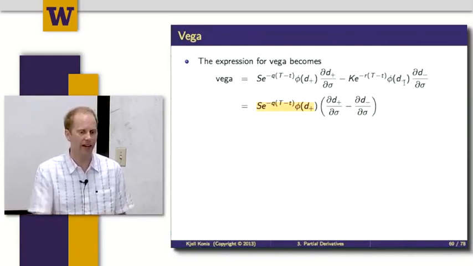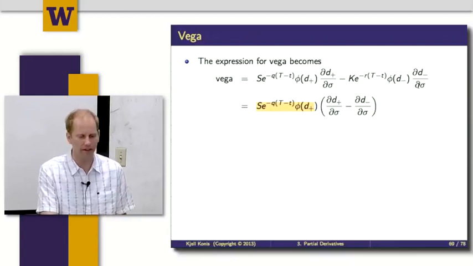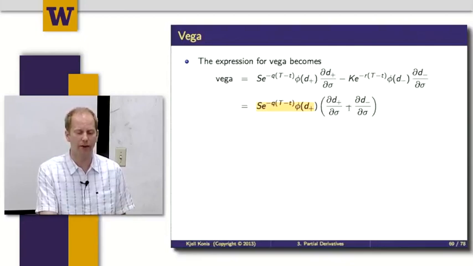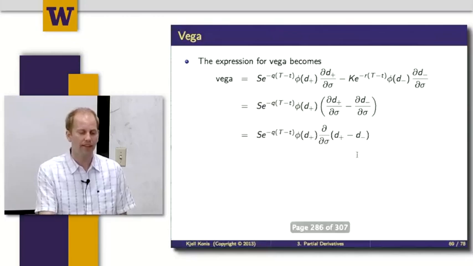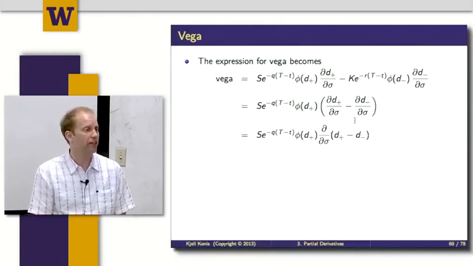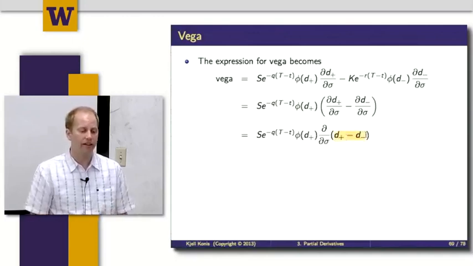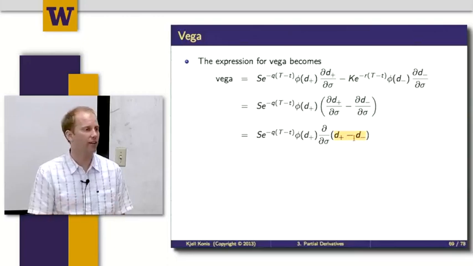But since I've already done that calculation, I'm just going to reuse that result. Then I end up with the partial derivative of d plus with respect to sigma minus the partial derivative of d minus with respect to sigma. But that's the same thing, so I can do this linearity property backwards. If I had d plus minus d minus, and I took the partial derivative of that quantity with respect to sigma, I would get exactly this thing here.